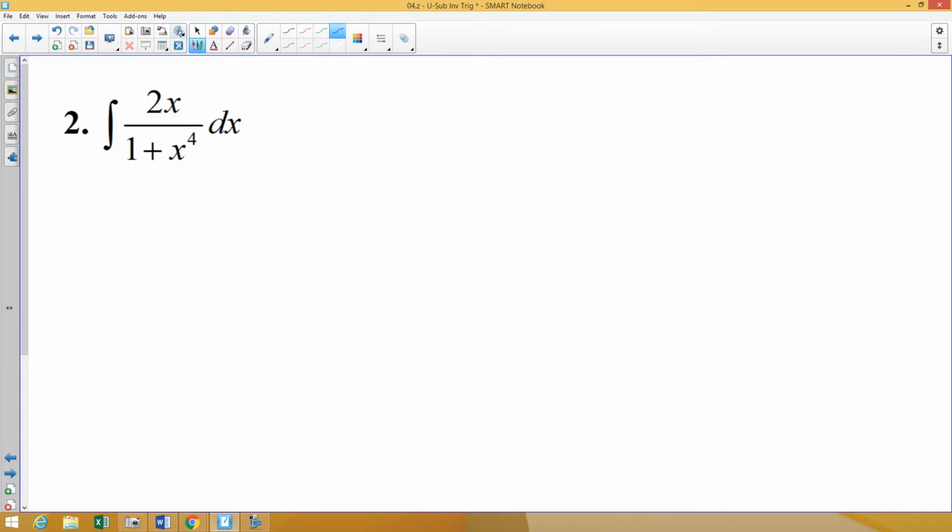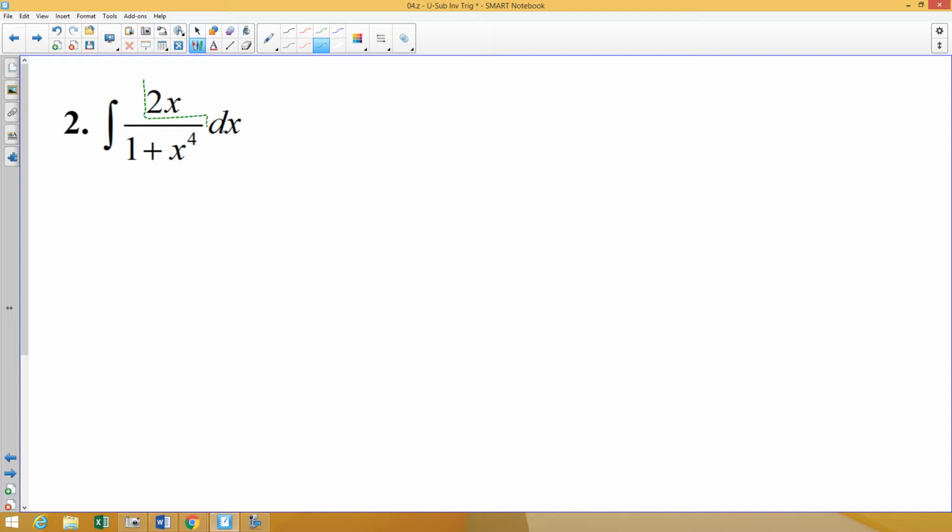Number 2, same type thing. You could try letting u be the bottom, but if you let u be the denominator, your u prime is 4x cubed, and I don't have an x cubed, I have an x to the first. Accounting for missing variables is kind of tricky, so I avoid it when possible, and this is avoidable. And again on this one, I'm almost going to let the u prime pick the u.